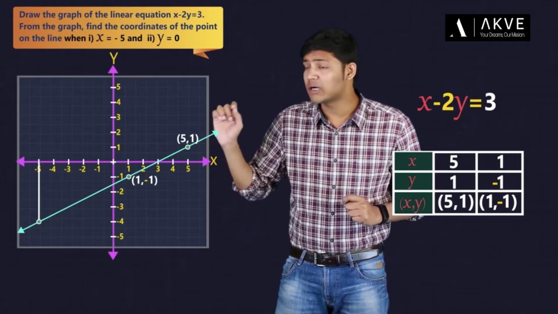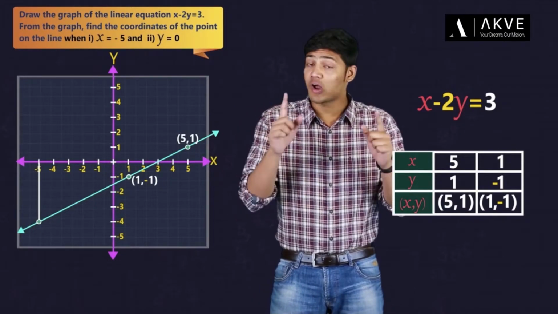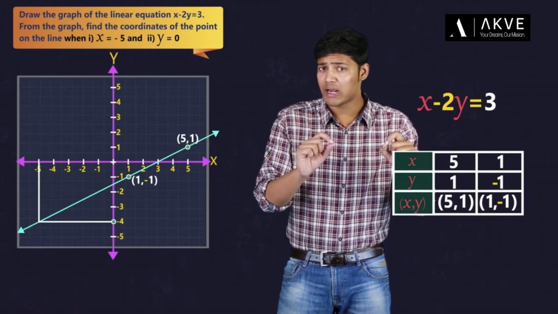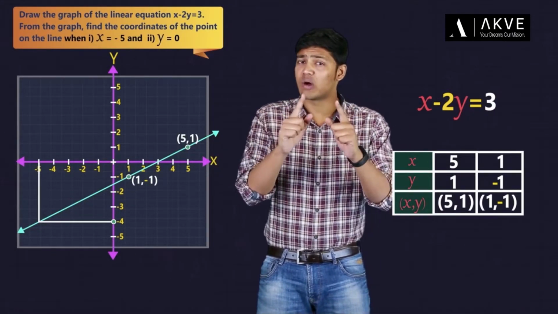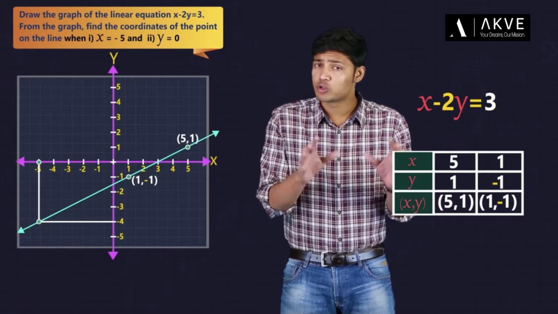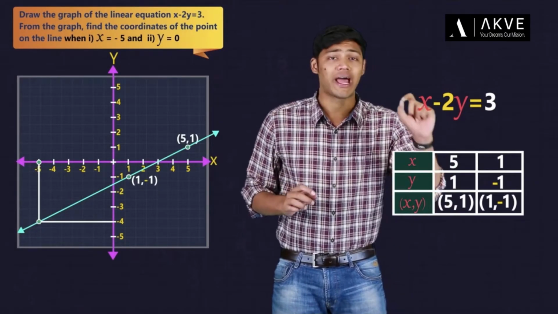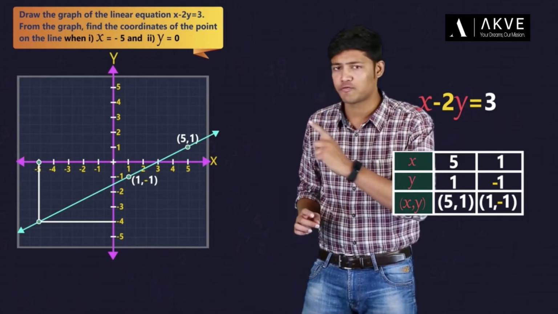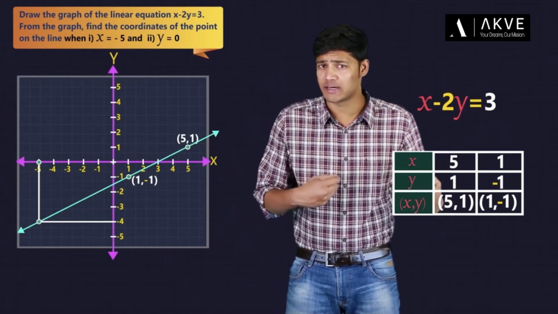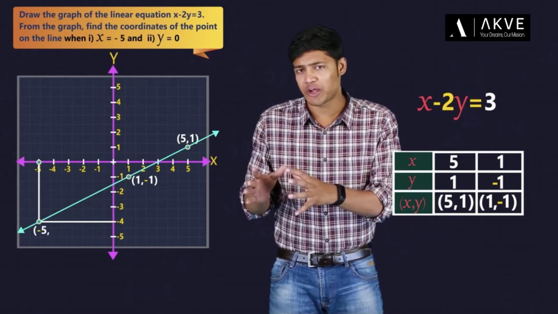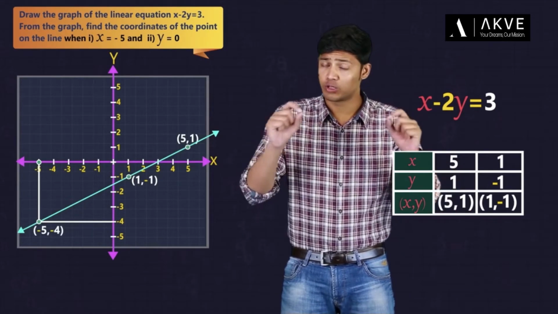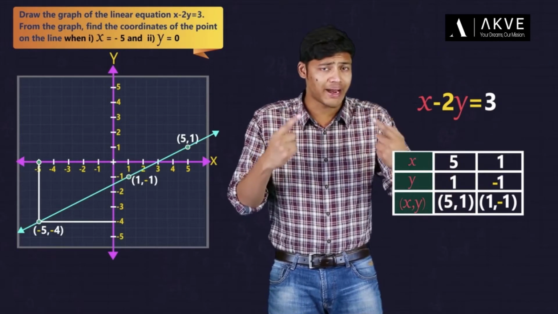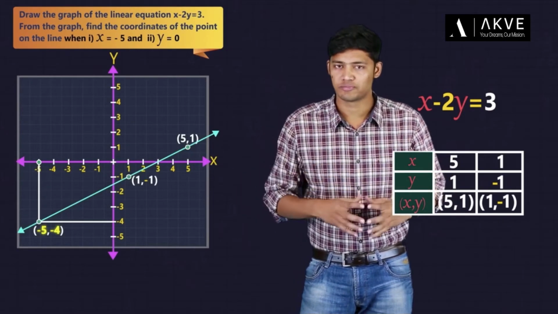Now from that point on the given line, we draw a line parallel to the x-axis and see where the parallel line meets the y-axis. The parallel line meets the y-axis at y equal to minus 4, which implies that our required point is (minus 5, minus 4). So the y coordinate when the x coordinate is equal to minus 5 is minus 4.